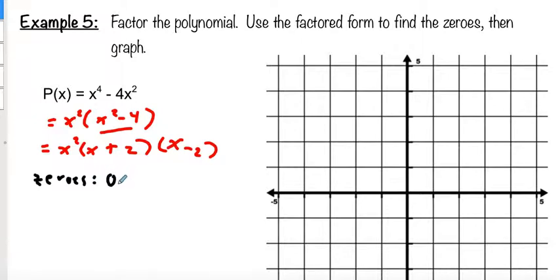You've got one at 0 because of that x squared, and it has a multiplicity of 2 there because it's squared. And then our other ones there are at negative 2 and 2. And then you could go on and find the other pieces.